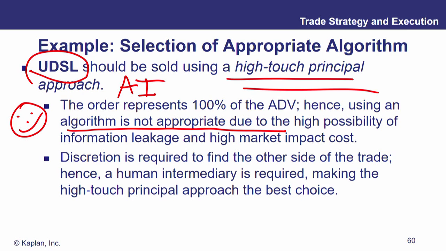Okay, and this algorithm is not going to be appropriate because we're worried about information leakage here and high market impact cost. Now, the difficult part, discretion, is going to be required. That's judgment. Artificial intelligence just simply is not there yet. So we need a human intermediary. So in this case, the high-touch principal approach is the best choice.